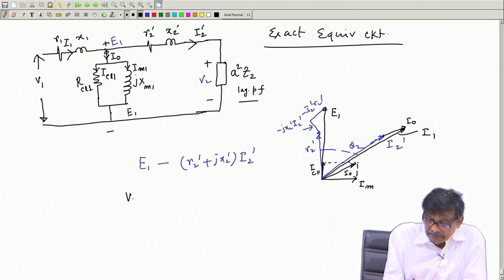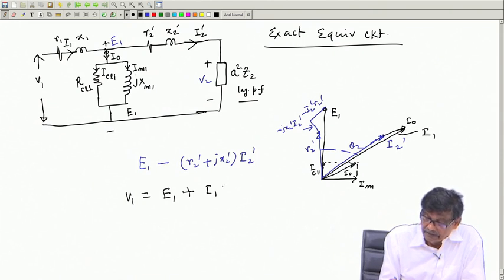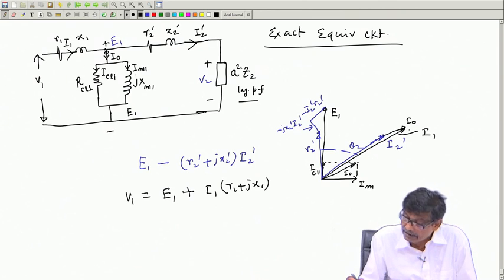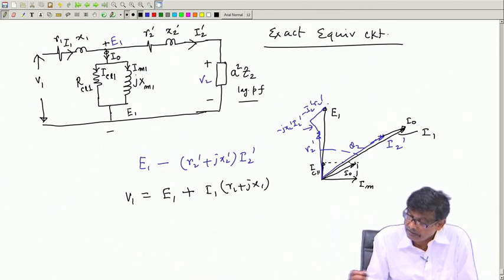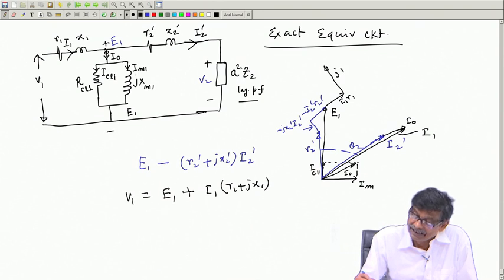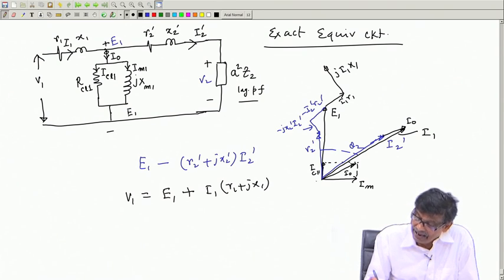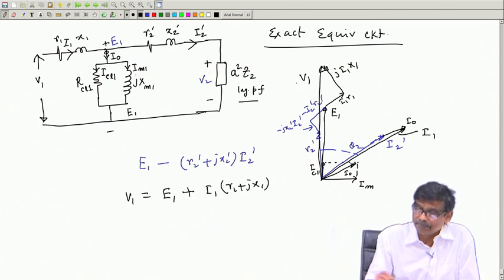V 1 is nothing but E 1 plus I 1 into R 1 plus j X 1. I have got I 1, I know E 1, therefore I 1 R 1 is parallel to I 1, plus j I 1 X 1, and this you add, you will get V 1.